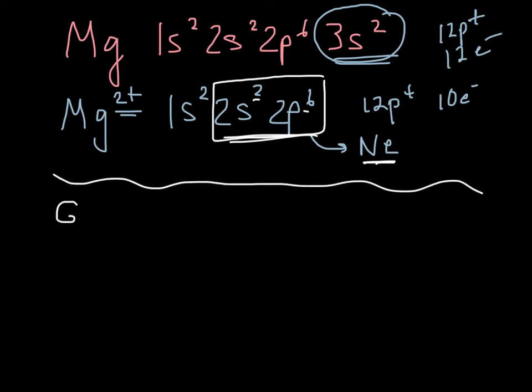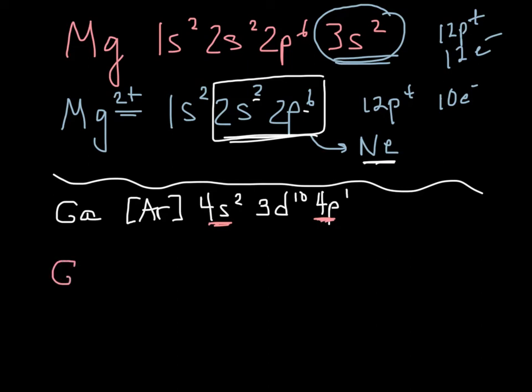One last example, we'll do gallium, which is argon 4s2, 3d10, 4p1. So how many valence electrons? Here's 2. Remember, it's the highest occupied energy level, so 2 here and 1 here. It has 3 valence electrons, so it's going to form gallium 3+.